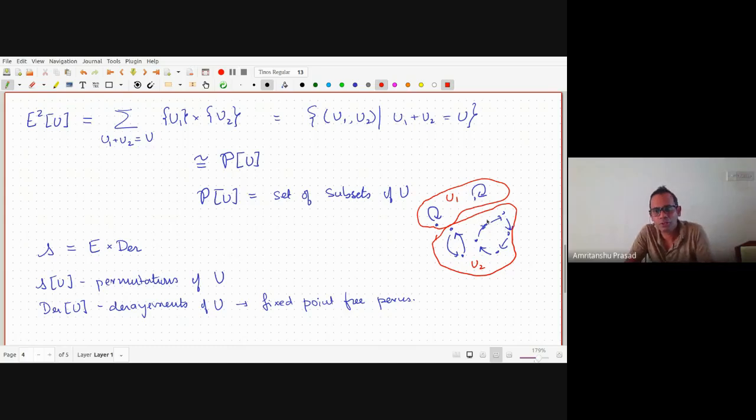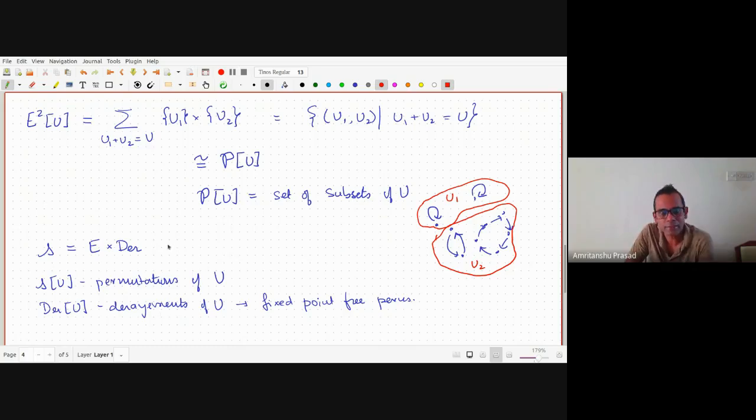You're just taking U1 as a set, nothing more to it. There's just one set structure on this. So you separate out the 1 cycles, and then U2 is going to have all the larger cycles, and so it's going to be a derangement. So every permutation of U consists of a subset of U and a derangement of its complement in a unique manner.